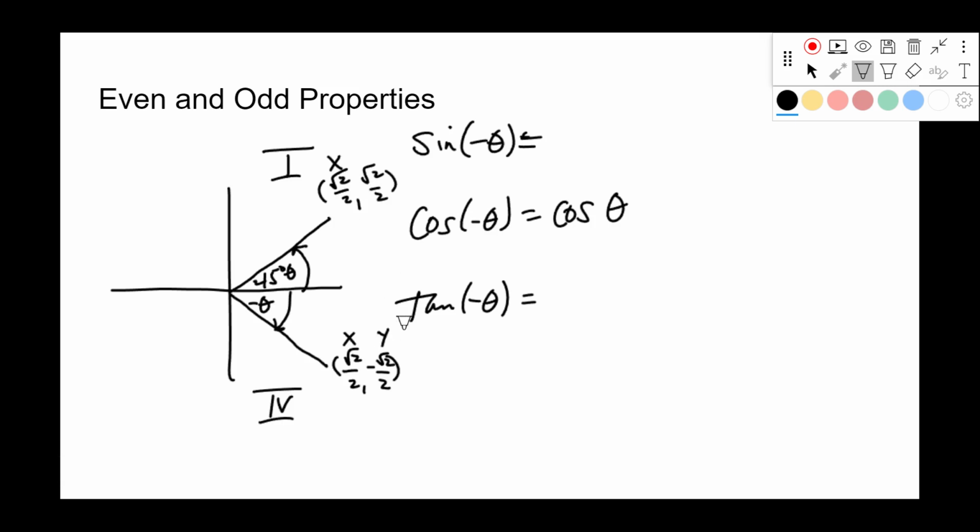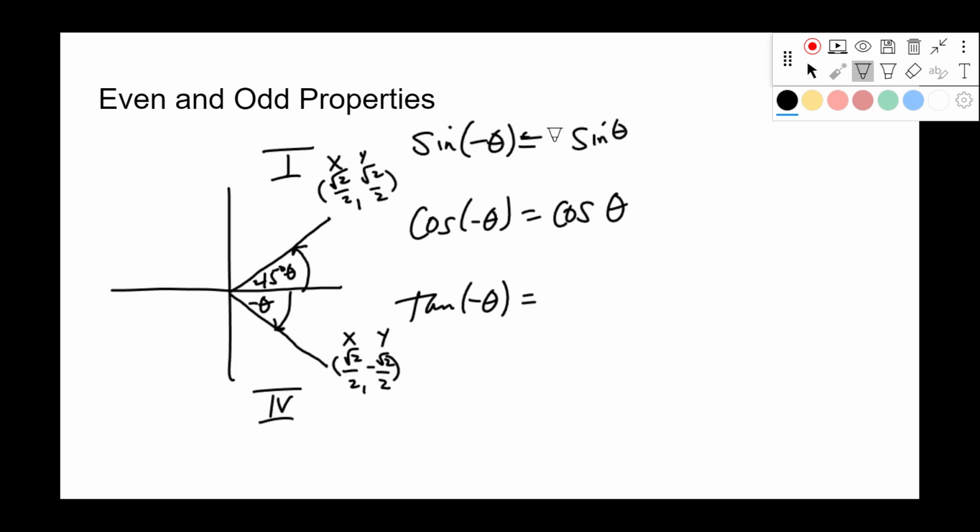Sine is the y-coordinate. So the y-coordinate in quadrant 4 is negative. But the y-coordinate in quadrant 1 is positive. So if I want to go to quadrant 4 and I want to compare my answer to quadrant 1, these two answers are not the same.